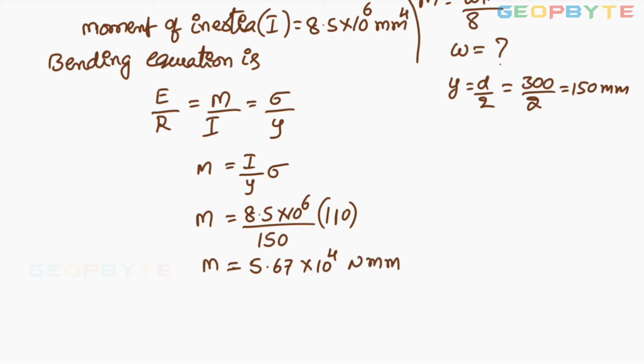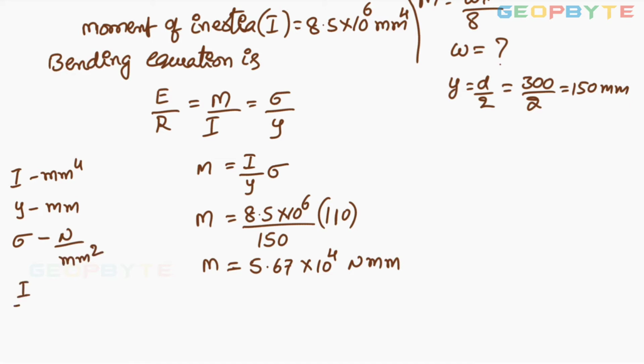Newton mm. Otherwise, let us verify it. I is in mm power 4. Y is in mm. Sigma is in Newton per mm square.